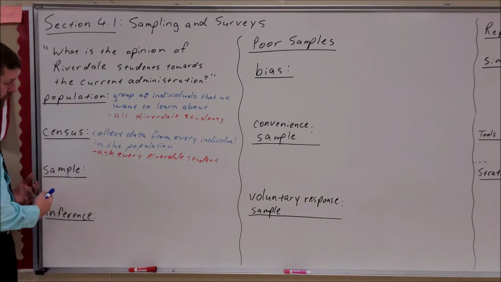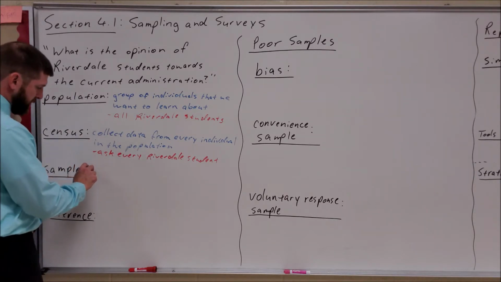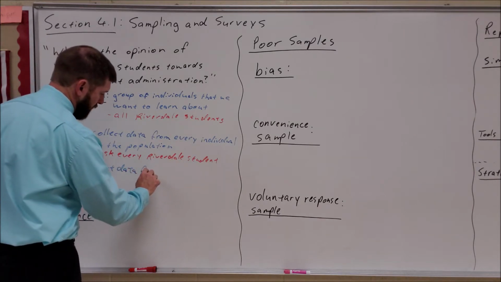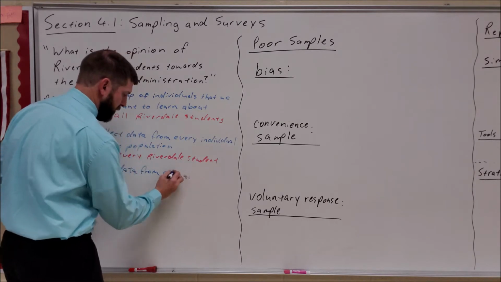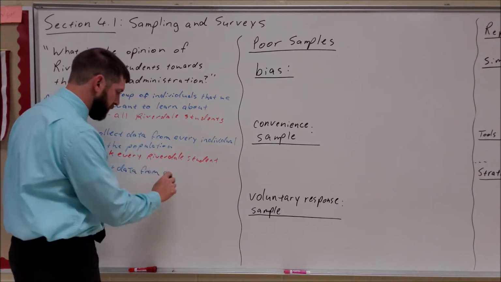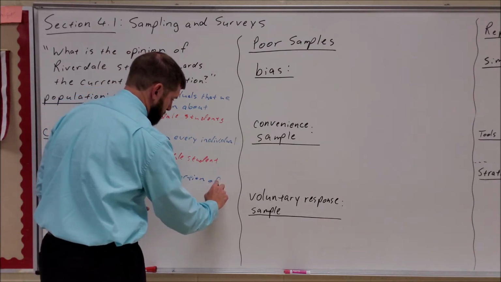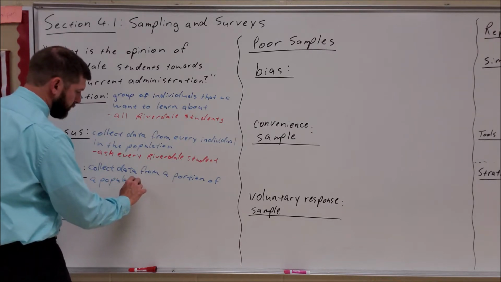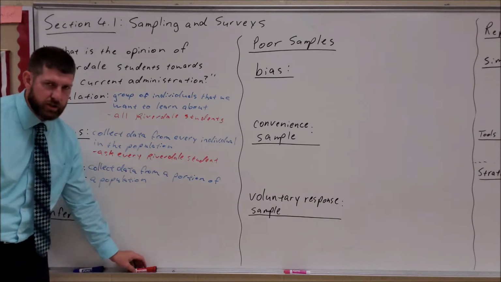So that's where we move to what we do most of the time, which is work with samples. A sample is when we collect data from a portion of the population. It could be small, it could be large. So for what we're doing, we wouldn't need to talk to every Riverdale student. We just need to talk to some.